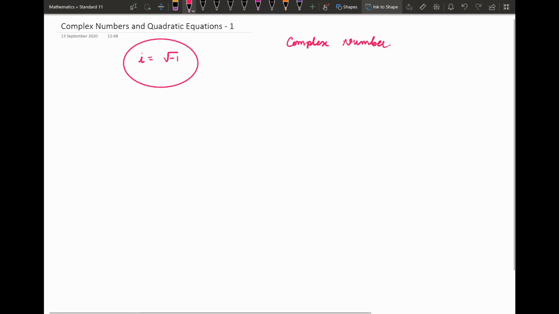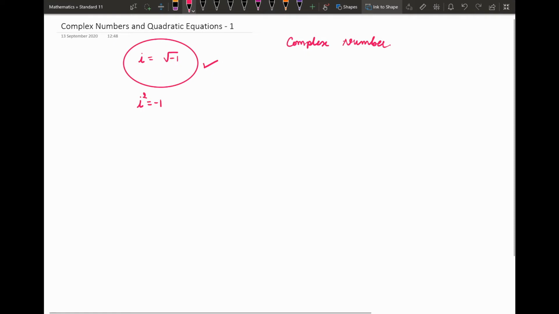First we define i equal to the square root of -1, so i square will be -1. This is the definition. Here we define i equal to the square root of the negative number -1.